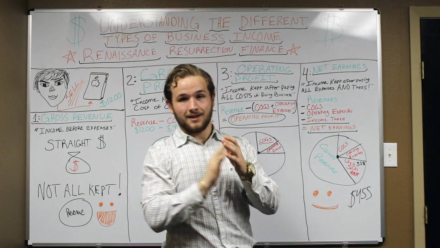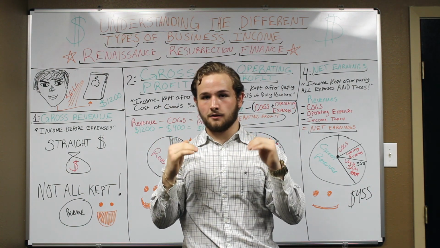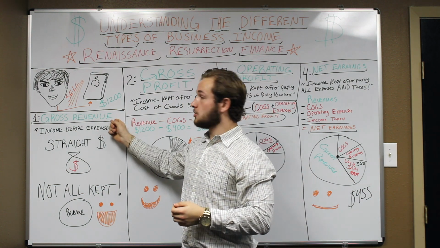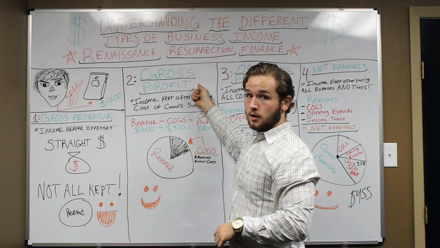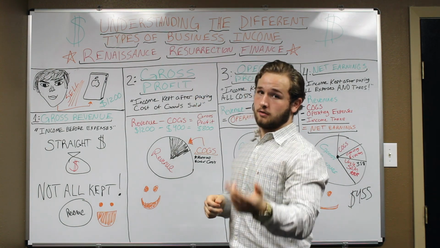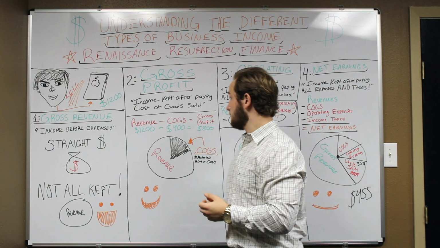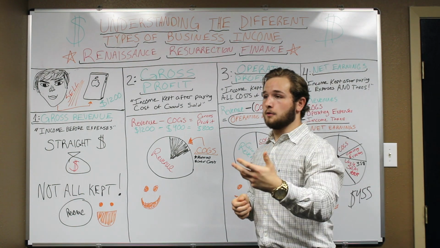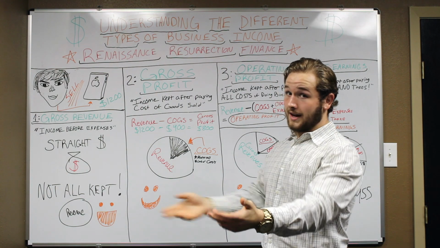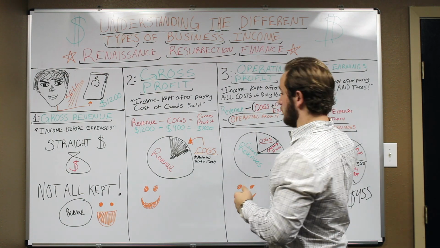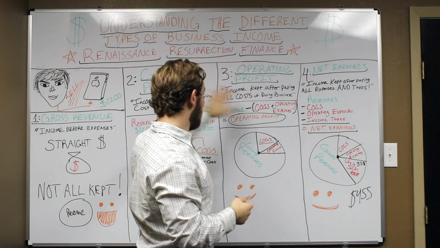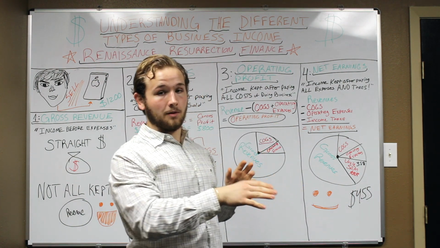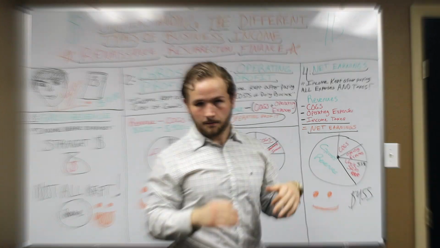So that is the last phase of understanding the different types of business income. It goes from gross revenue, straight cash, to gross profit, what you keep after paying your cost of goods sold associated with selling your product, to operating profit, what you keep after paying out your costs of goods sold and your operating expenses, and then you go to your net earnings, which is all of that, take away your effective taxes that you have to pay to Uncle Sam, then you get to keep what you get to keep.